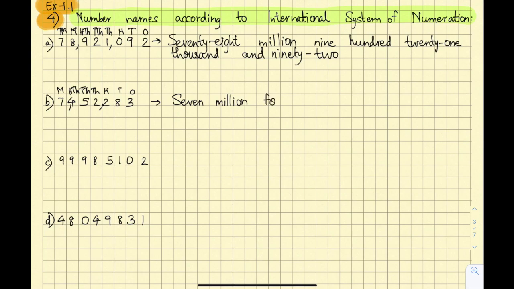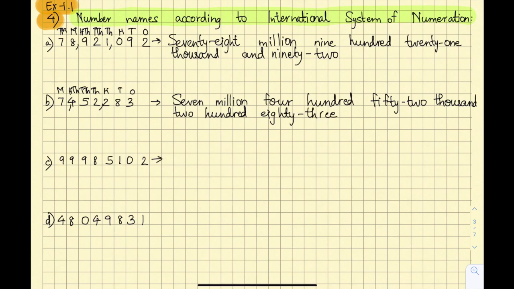So that is 452,000. Then in place of hundreds, you have 2. So that is 2 hundreds. Tens place you have 8, so 80, and one's place is 3, so 283.